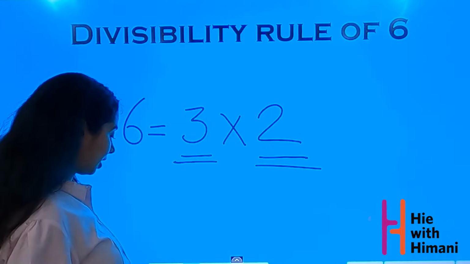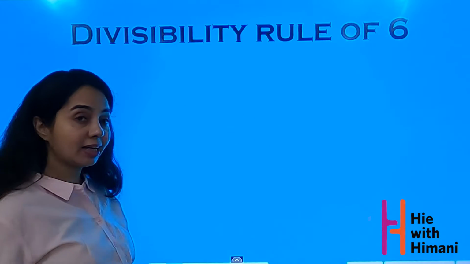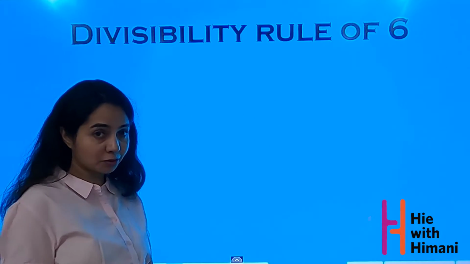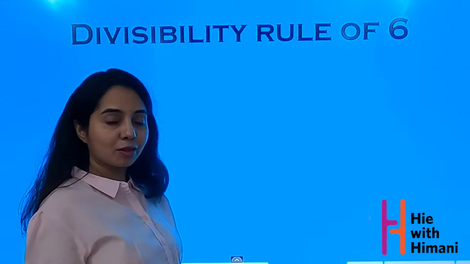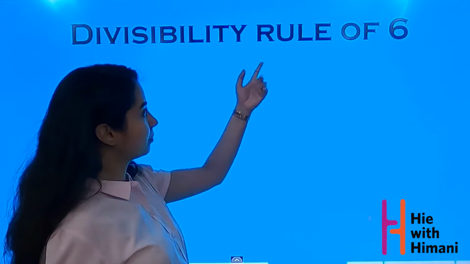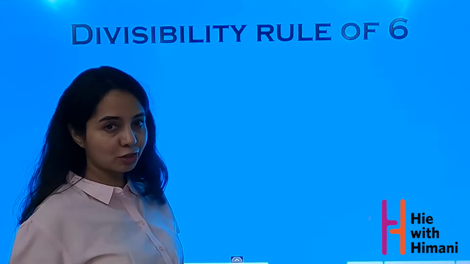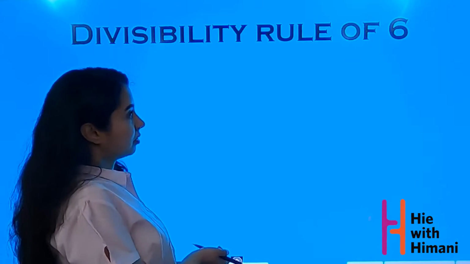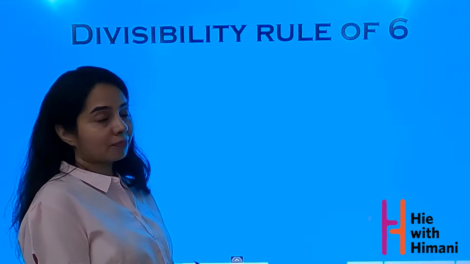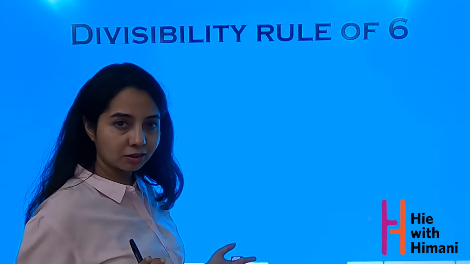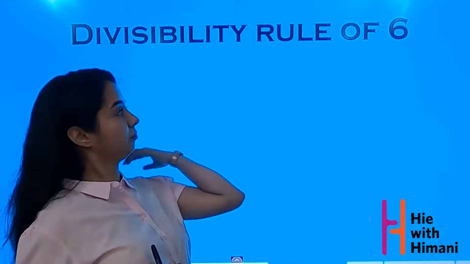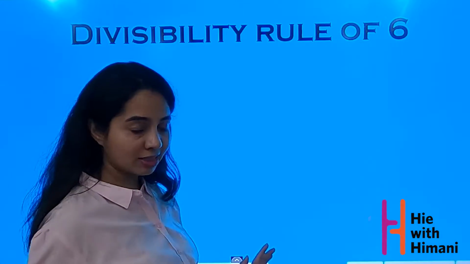In other words, we can also say an even number which is divisible by 3 will be divisible by 6 as well, because an even number will be divisible by 2. And then if it is divisible by 3, both the rules are qualified here.